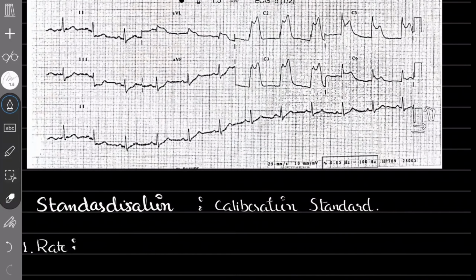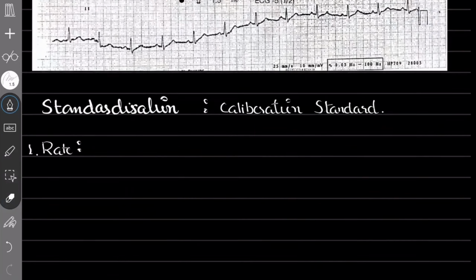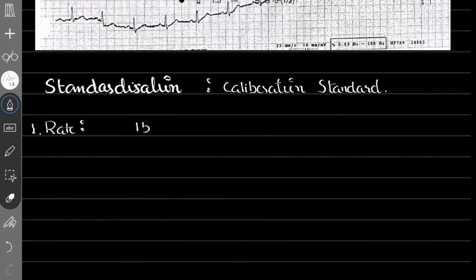In rate, we see whether the rhythm is regular. It is seen as a regular rhythm. The rate can be found by 1500 divided by the number of small squares.